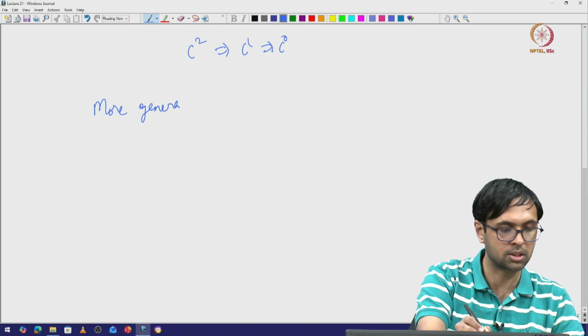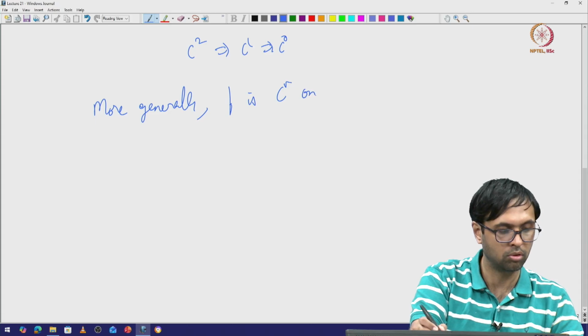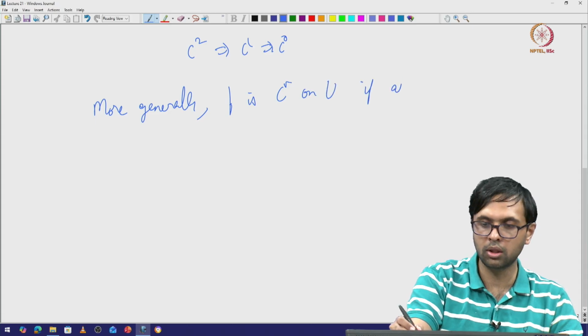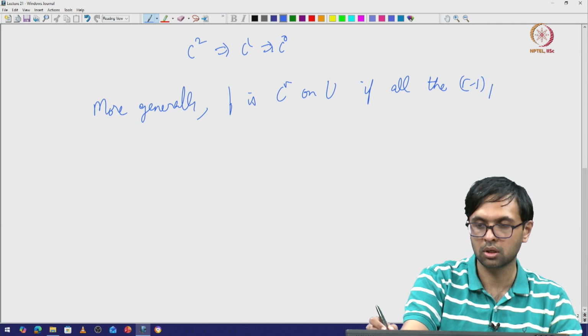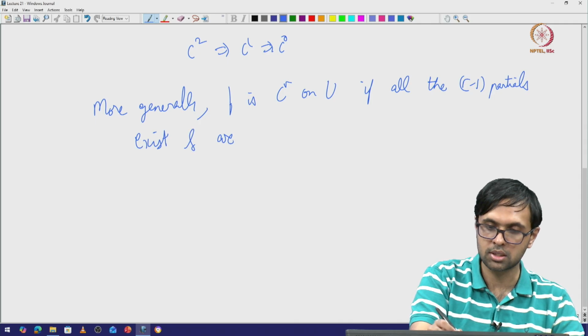inductively we can make this definition. f is Cr on U if all the (r minus 1)th order partial derivatives exist and are C1.